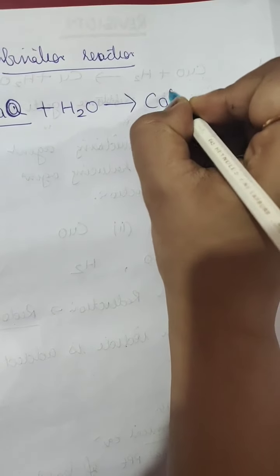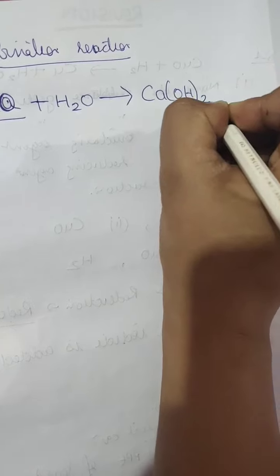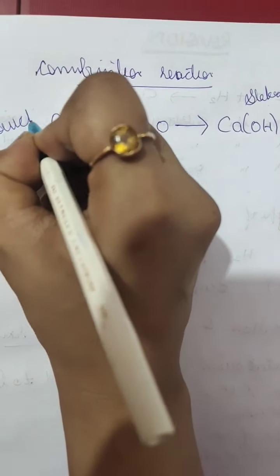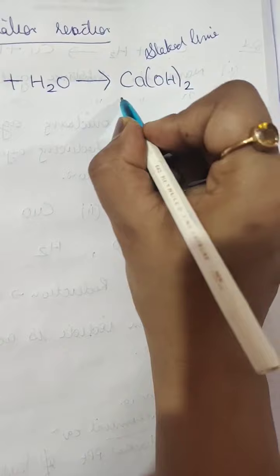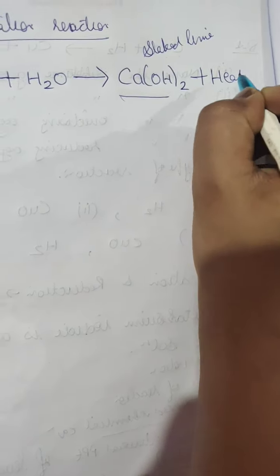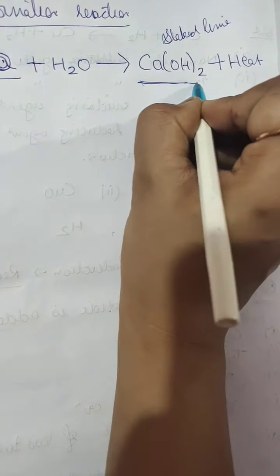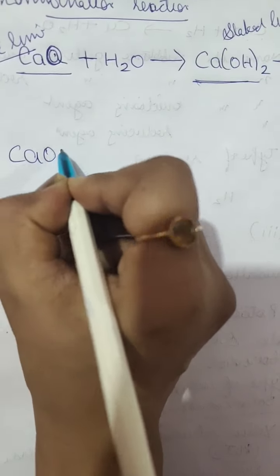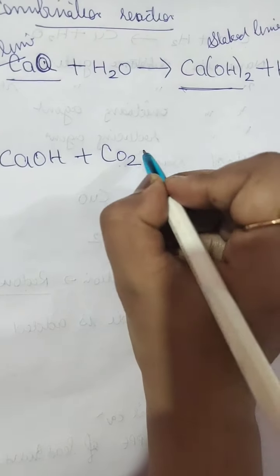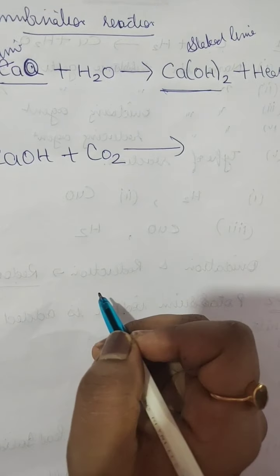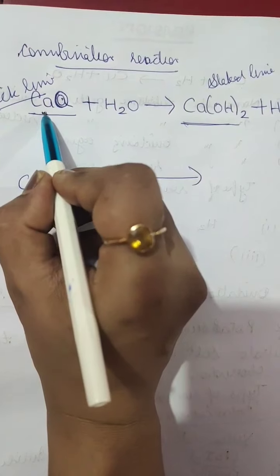Then calcium hydroxide is formed, which is called slaked lime, and this is quicklime. So this is calcium hydroxide, and a lot of heat is produced in this reaction. Now when this calcium hydroxide is passed through CO2, this is used in whitewashing.